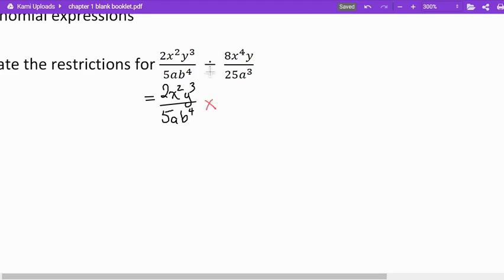Now note that I'm going to change the division to the multiplication because I'm going to write the reciprocal of this second expression. So the reciprocal, the denominator becomes the numerator, and the numerator becomes the denominator.